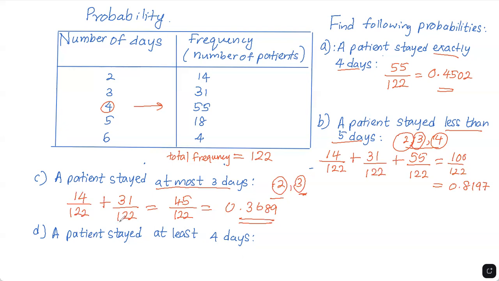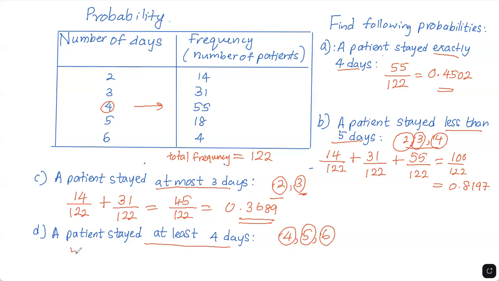So this is the probability for this part C. And then the last one, a patient stayed at least 4 days. What's the meaning of at least 4 days? At least 4 days means you have to have 4 days, 5 days, and 6 days. Now you have 3 events, right? So find the probabilities of each event.